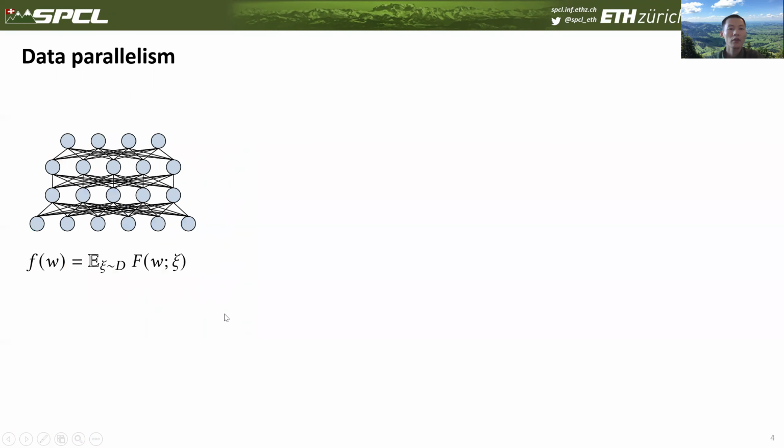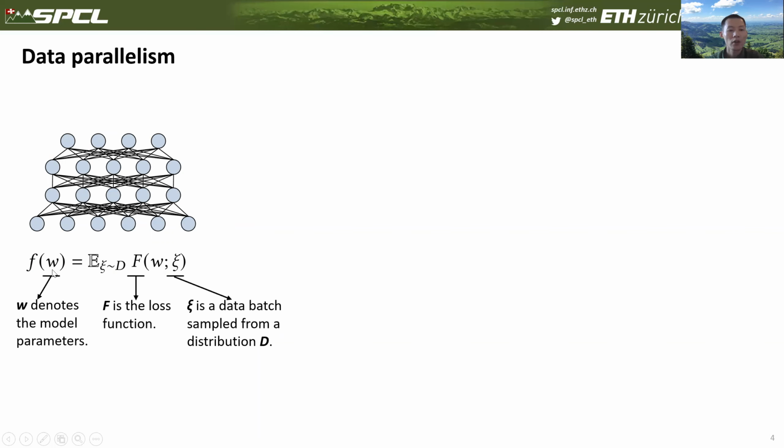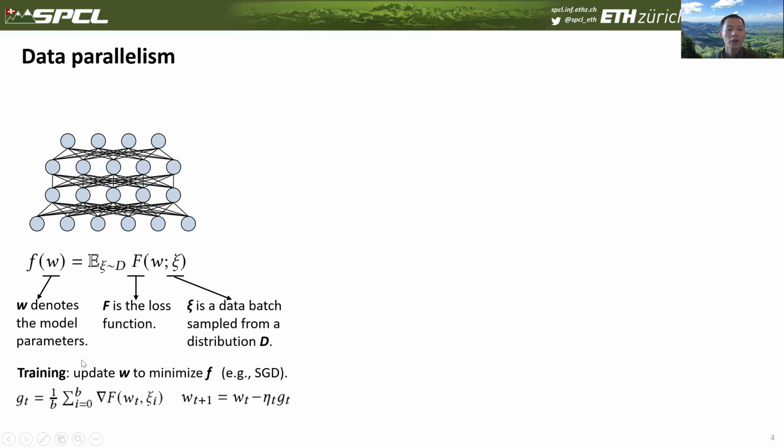Now let's look at where the Allreduce comes from for data parallelism. Here is a simple neural network model and an objective function f, in which W denotes the model parameters, the capital F is the loss function, and C is the data batch sampled from the training data set. The training process is essentially to update the model parameters to minimize the loss value using the gradient.